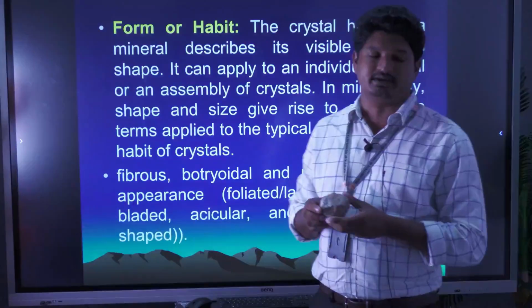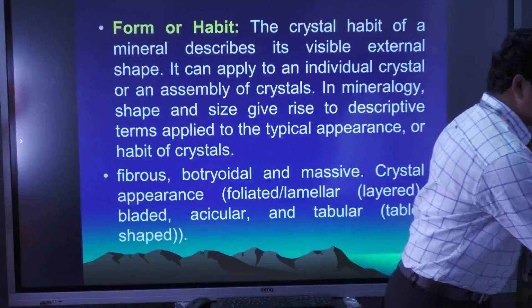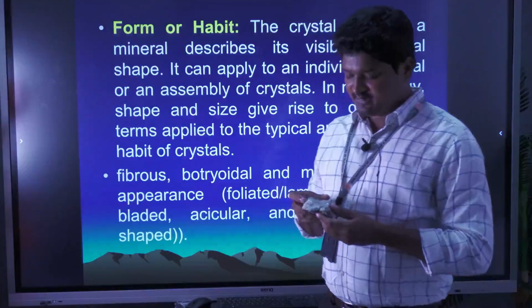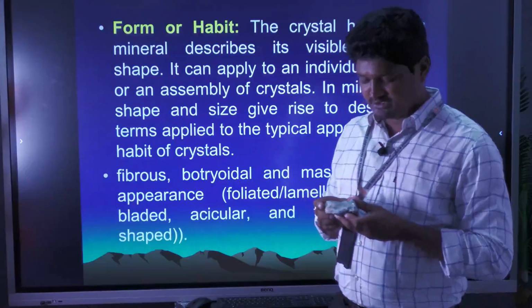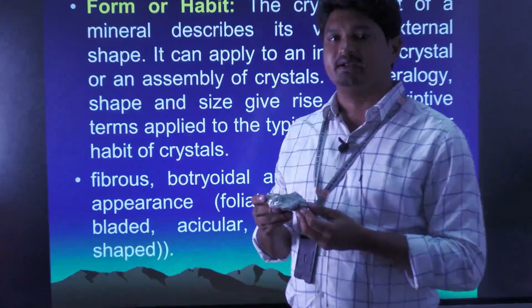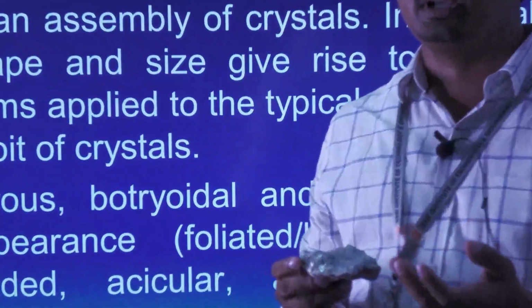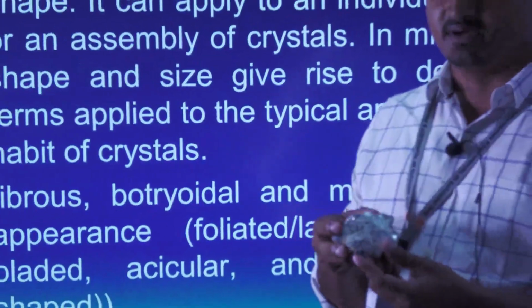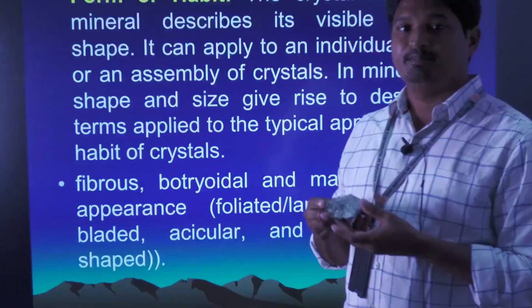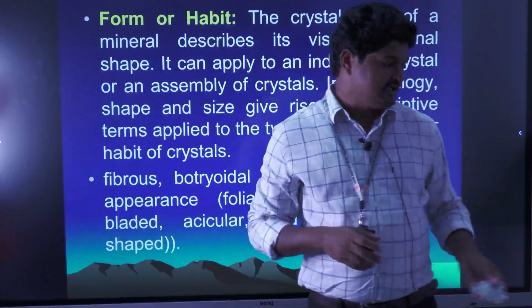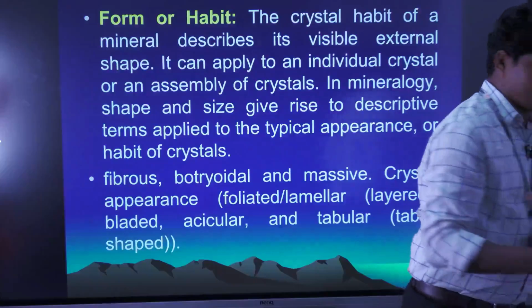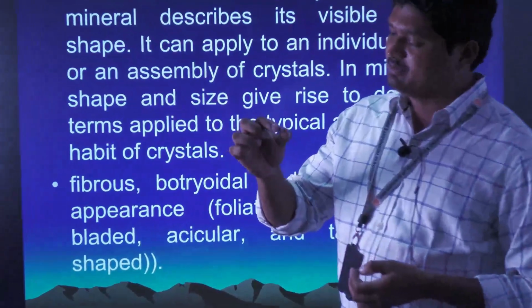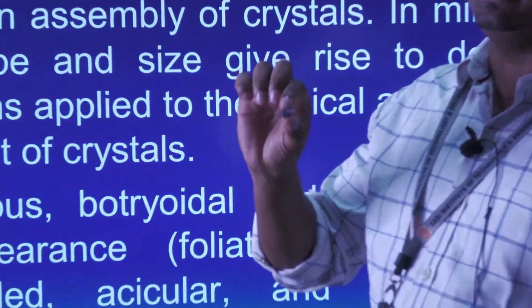That is pisolitic. Some minerals, like kyanite, have a bladed structure. Kyanite has two hardness values: horizontal is 5 and vertical is 7. Its form is bladed. Galena has cubical forms, a cubic shape.